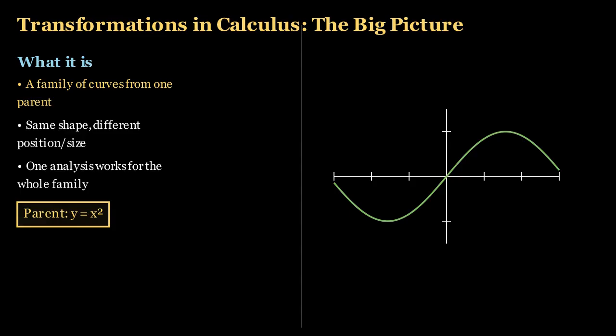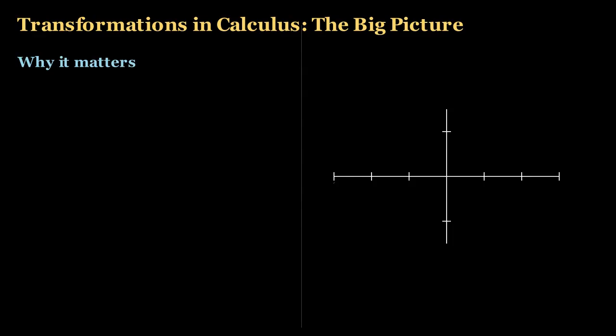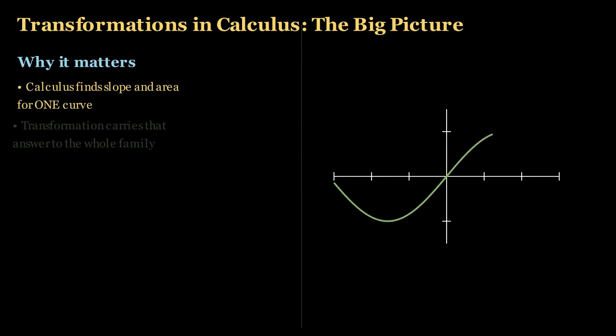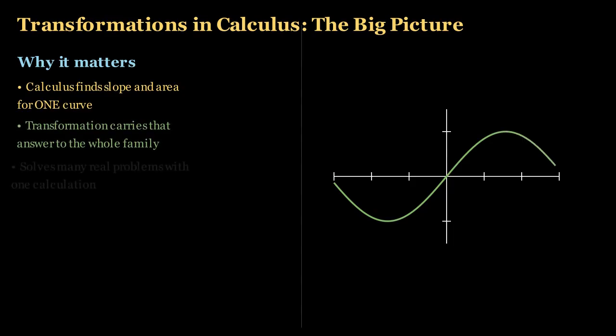In calculus, the big ideas are finding the slope of a tangent line and the area under a curve. If we do the hard work to find the slope of x squared at x equals 2, transformations let us instantly know the slope for any shifted or stretched version, like 3x squared plus 5, without starting over.